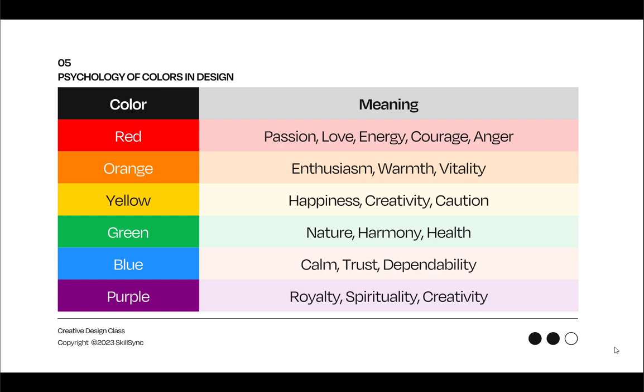We also have blue, which represents calm, trust, dependability, sometimes loyalty. That is why most banks prefer blue. And we also have purple, which signifies royalty, spirituality, creativity, and more.